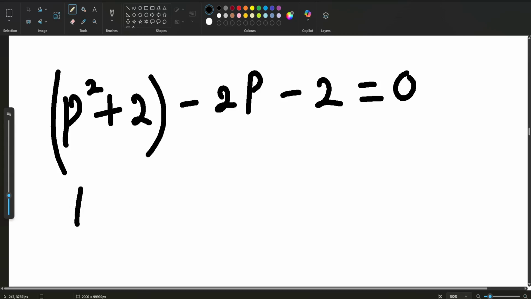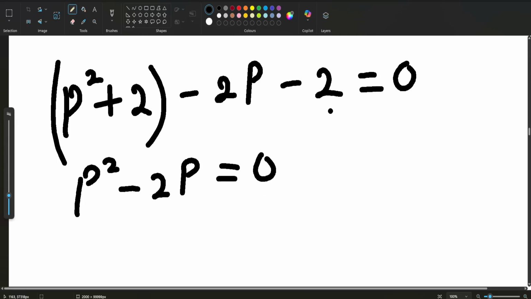So this one now, p squared minus 2p, then minus 2 here, plus 2 here, and minus 2 here, that will be 0. So that makes everything even simpler.